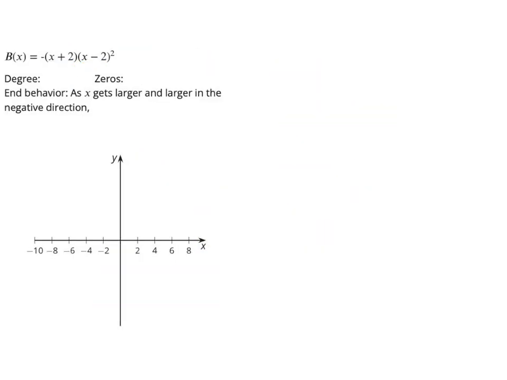All right, looking at the next one. We have x squared times x, which makes x cubed. But we got this negative out front, which means our leading term is negative x cubed. Our degree is still 3, but for negative x cubed, we start high and go low.